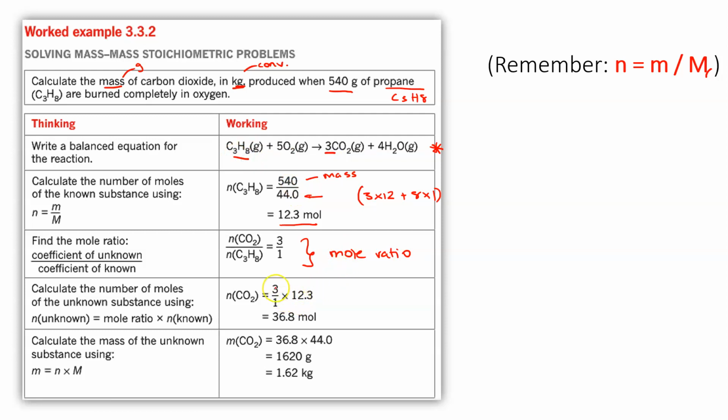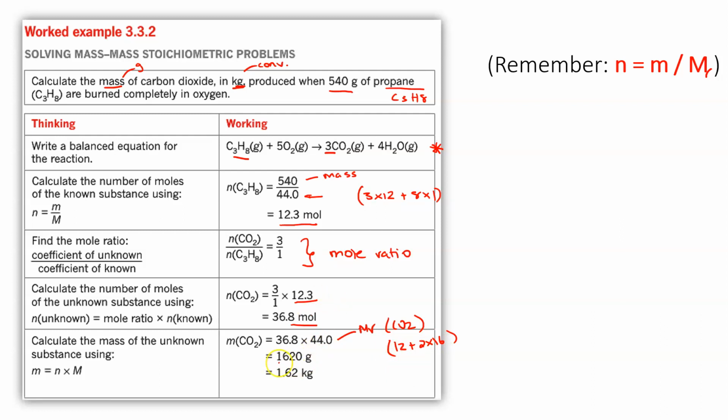That means if I multiply that ratio by the number of mole of propane, I have 36.8 mole of CO2 being produced. However, the question wants us to give this in a mass value. So we're going to multiply here by the molar mass of CO2, which funnily enough happens to be the same as the molar mass of propane. This one coming from 12 plus 2 lots of 16 from the oxygen, which again is 44.